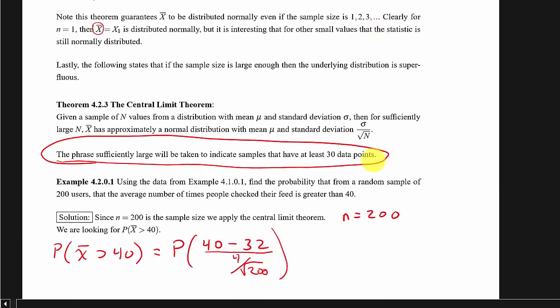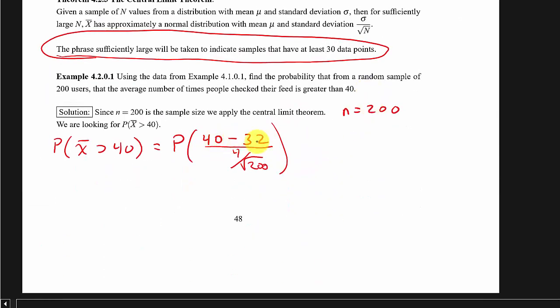So we've got x bar minus mu over sigma divided by the square root of n. If you remember, in the last section, when we were dealing with the normal distribution, to convert to a z-value it was x minus mu over sigma.